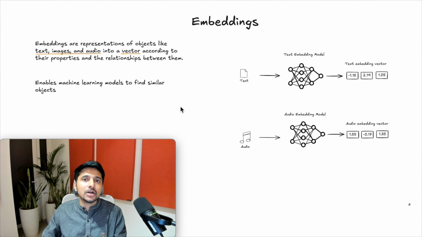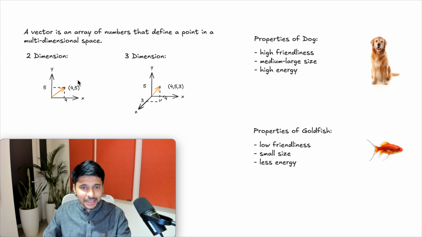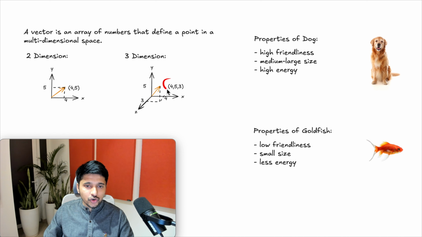And for that we also need to learn about the vectors. So let's try to learn a few things about vectors as well. A vector is an array of numbers that define a point in a multi-dimensional space. Here we have the 2D space and here we have the 3D space. As you can see, a point here 4, 5. So 4, 5 is a vector here and that is present in a 2-dimensional space. Similarly, here we have 4, 5, 3.